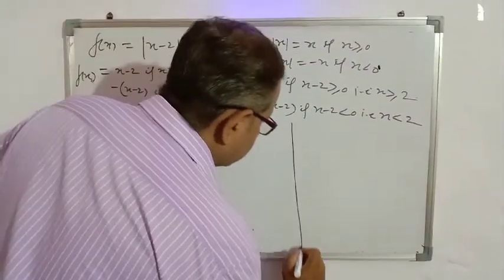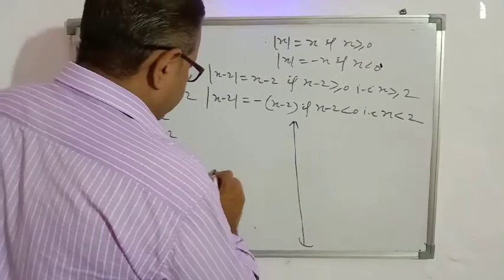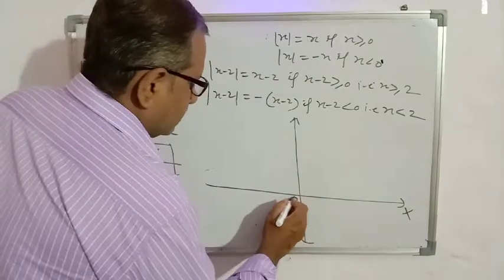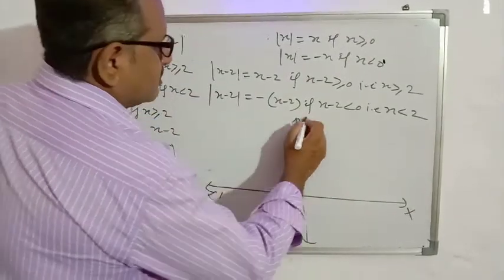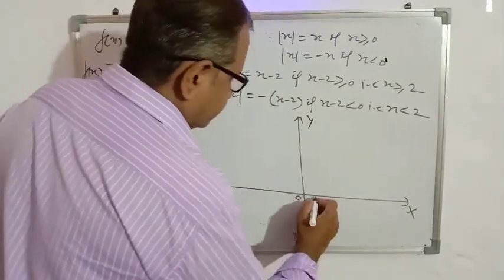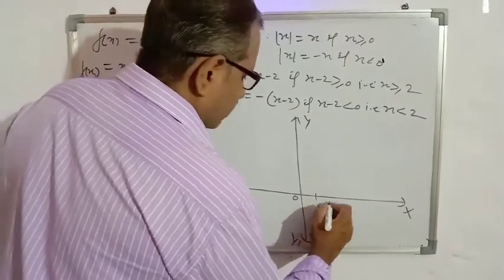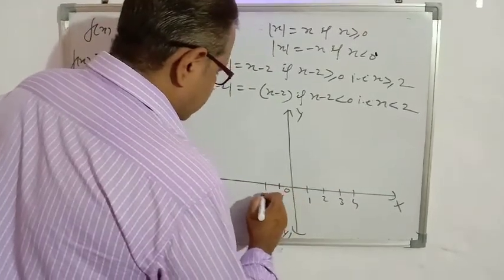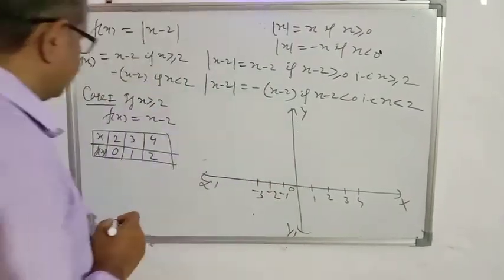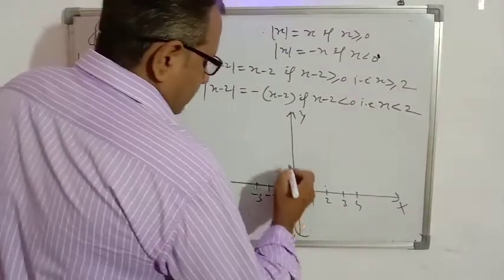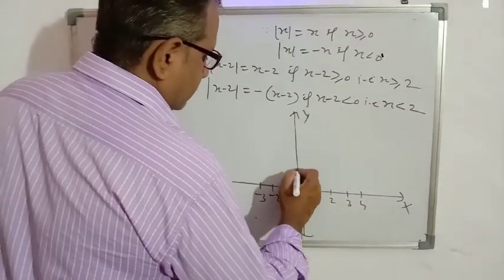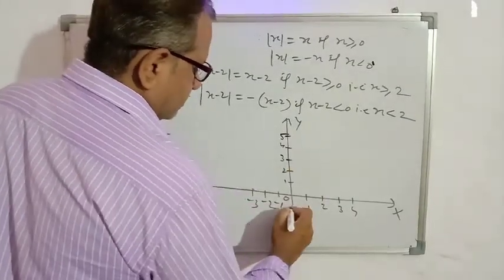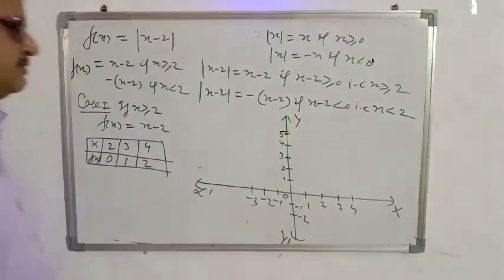So make the graph. x-axis, y-axis. 1, 2, 3, 4, minus 1, minus 2, minus 3, like this. Value of f(x) 1, 2, 3, 4, 5, downside minus 1, minus 2.